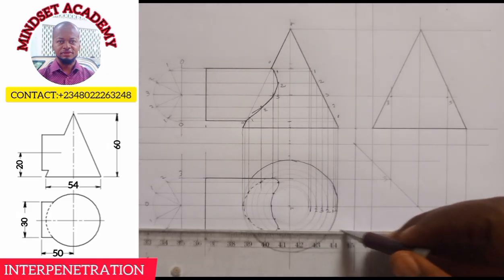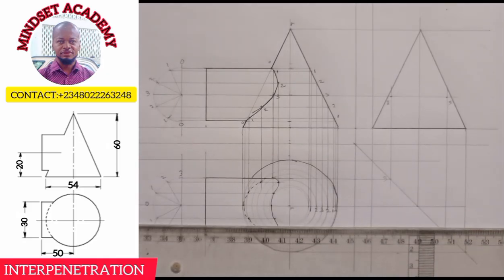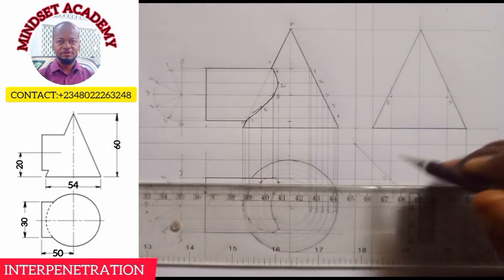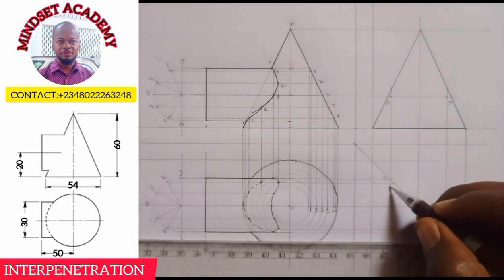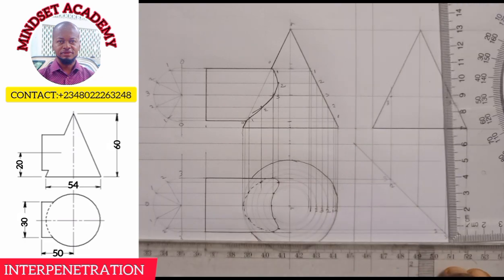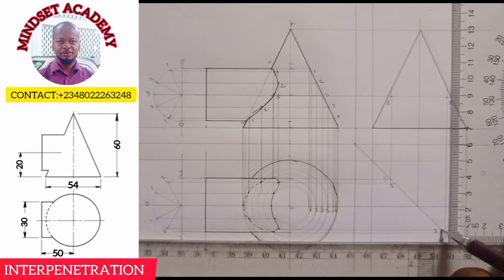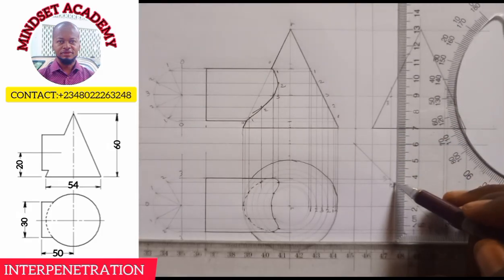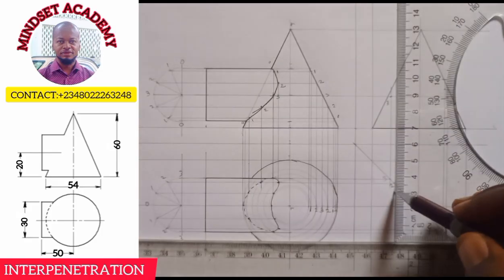If I project 2 this way, and I come here also, I project 2 also this way. This is 2, and this is also what? 2. Now take them vertically upward. Like this. And like this.